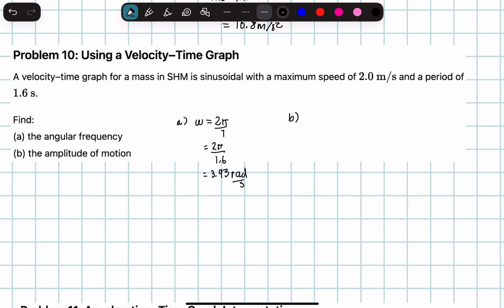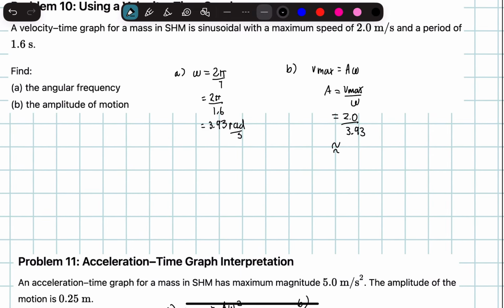Now for the amplitude of the motion, we know V max is equal to the amplitude times omega. The amplitude is equal to V max over omega. That's going to be 2.0 over 3.93. That's approximately 0.51 meters.